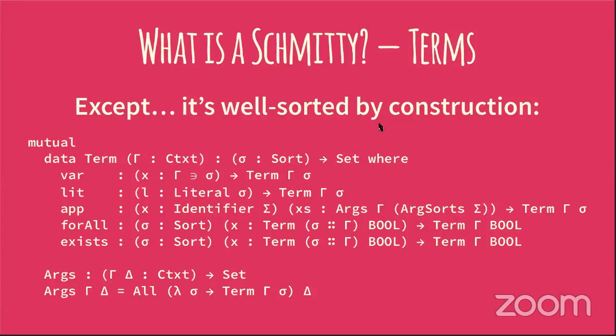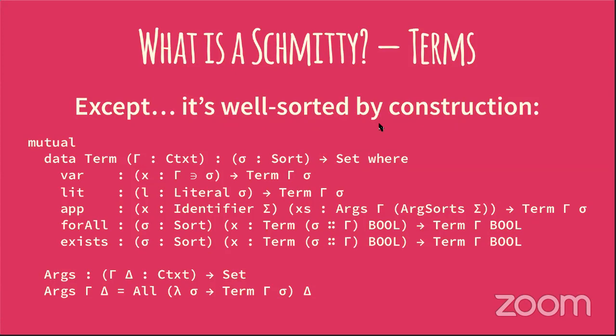And there isn't usually, at least in the core theory of SMT-LIB, a function sort. So identifiers have a very specific signature sort. I'm not going to explain the intricacies of this data type. This is just a well sorted by construction embedding of the data type we saw on the previous slide. And it's all fairly standard. I'd be happy to answer questions about this later.